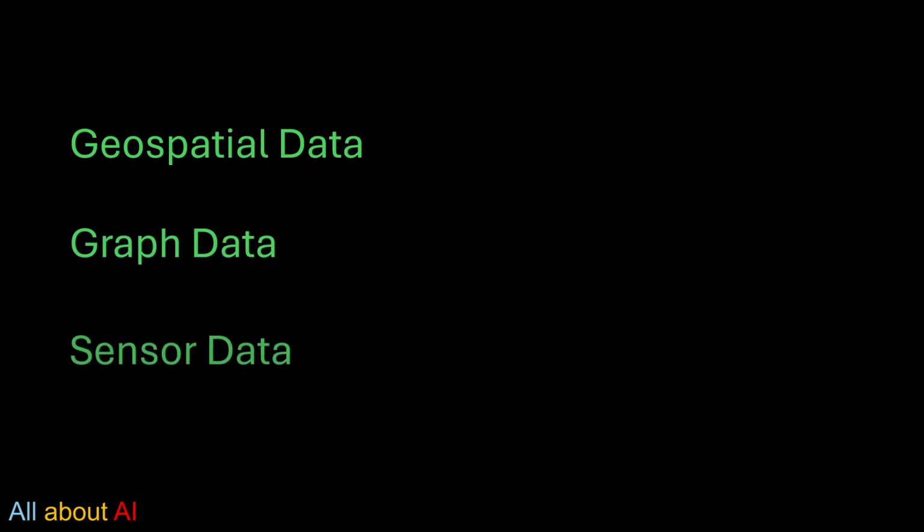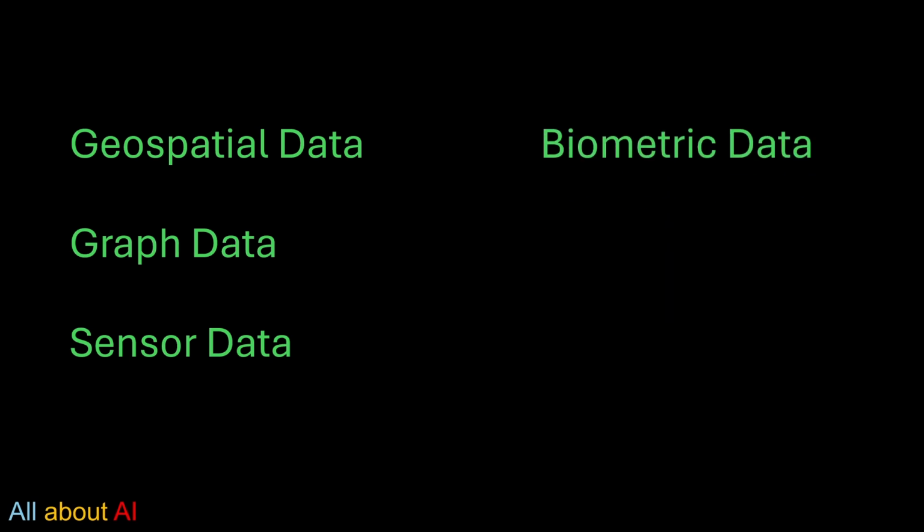Other than these, there are many other sources of data like geospatial data, graph data, like a social network has graph data, sensor data, various sensors collecting temperature, like sensor data in cars, sensor data from IoT devices, biometric data like fingerprints, retina scans.